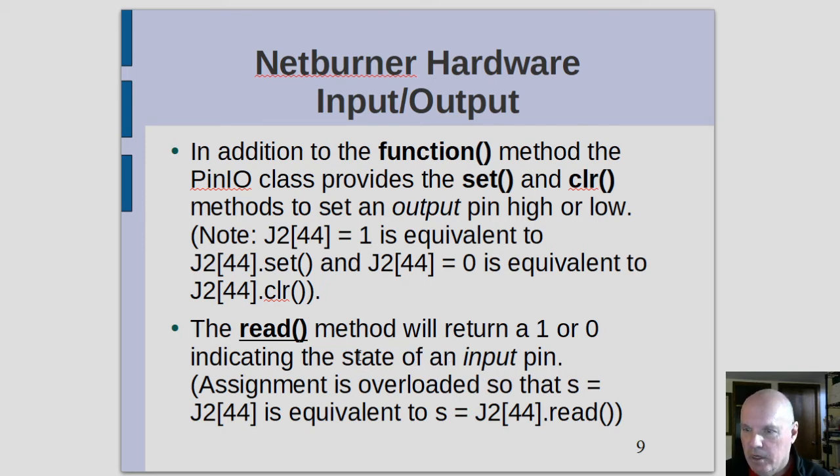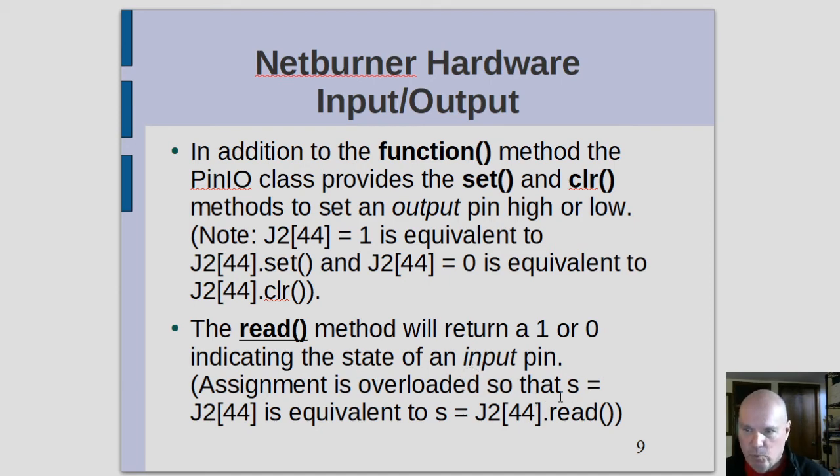So we could use the read method, for example, to read the state of our dip switches, and use set and clear to set the state, turn on and off the LEDs. Remember, a clear would actually turn on the LED because we have to set the output high. And then if we are reading one of the dip switches, a 1 would indicate that the switch is on because it's connected to VCC, and a 0 would indicate that the switch is off because it's connected to ground.